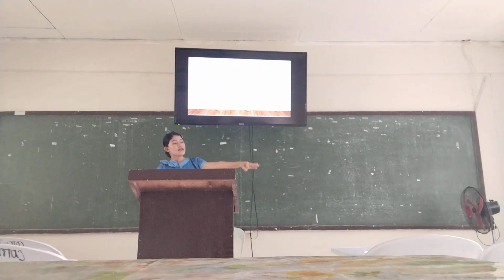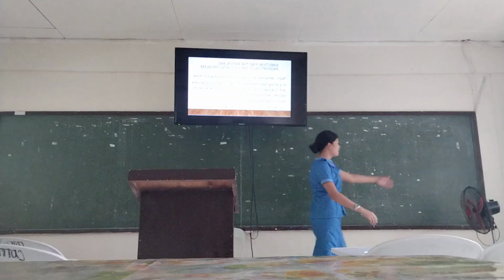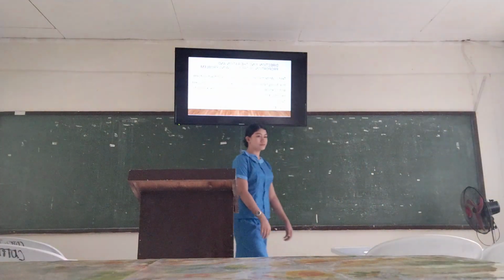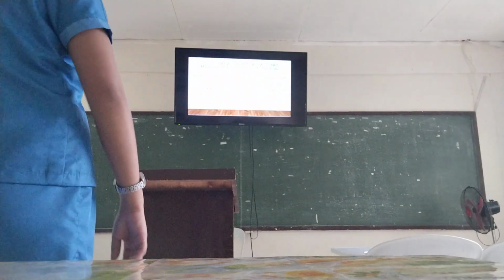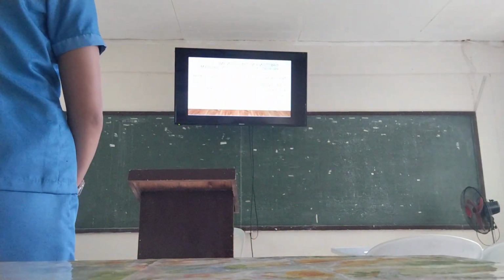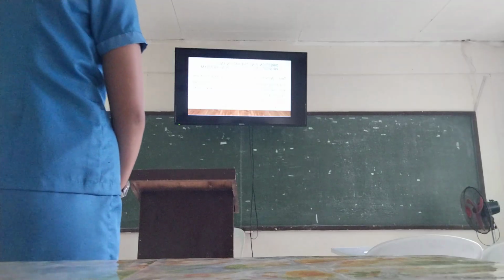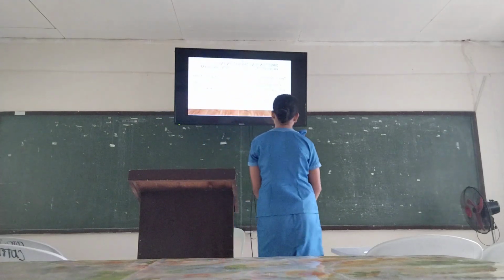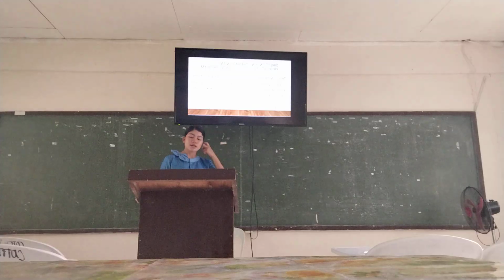And si Georgie naman, saucers to spoons. Understood. Pasunod na lang si Hannah, si Clariza, and si Georgie. This is the answer of Clarissa, Hannah, and Georgie, correct? Okay, very good. You may now take your seats.